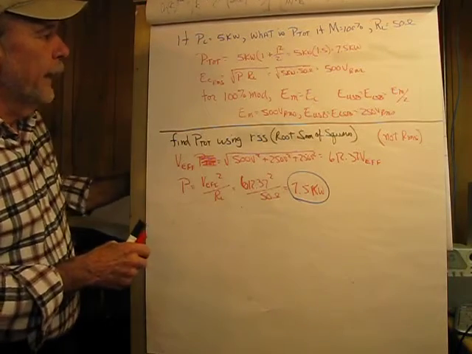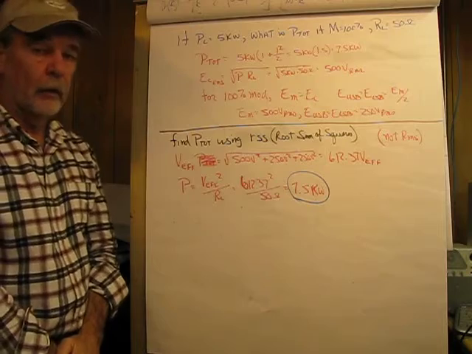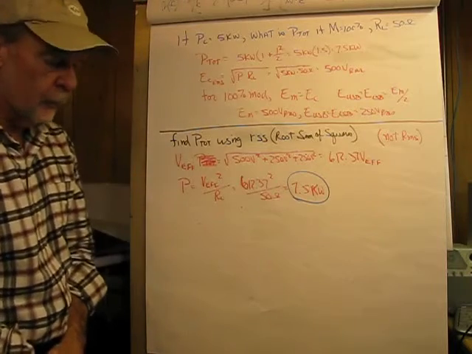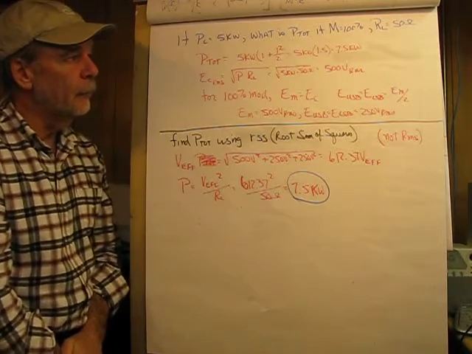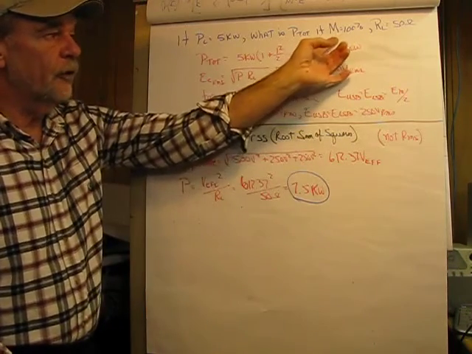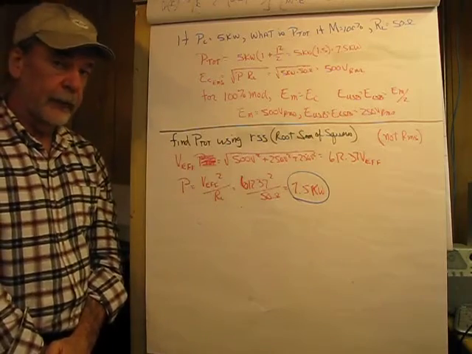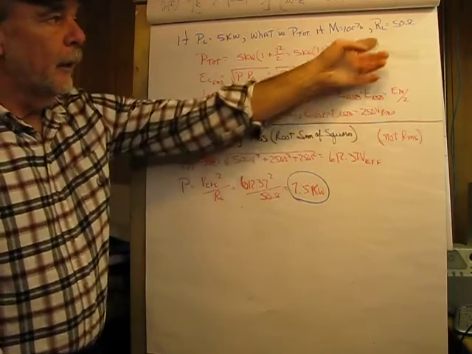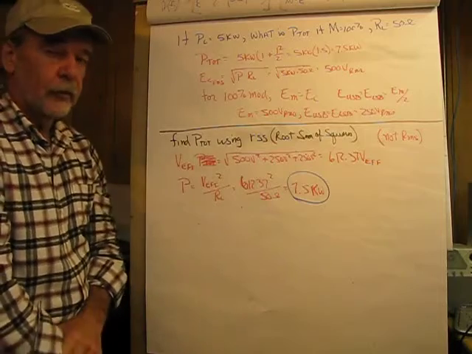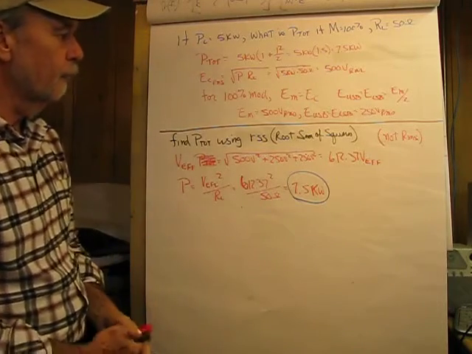So before we do that, let's just take a practical example here. We have a carrier power of 5 kilowatts, and there are a number of stations around that run 5 kW. What is the total power if the modulation coefficient expressed as a percentage is 100%? And for the heck of it I threw in a load resistance and antenna impedance of 50 ohms, and we're just going to consider that to be resistive.